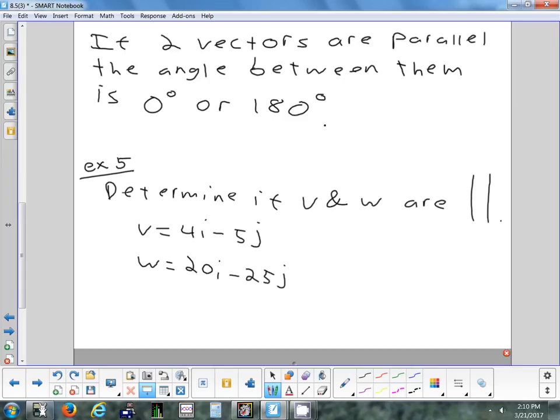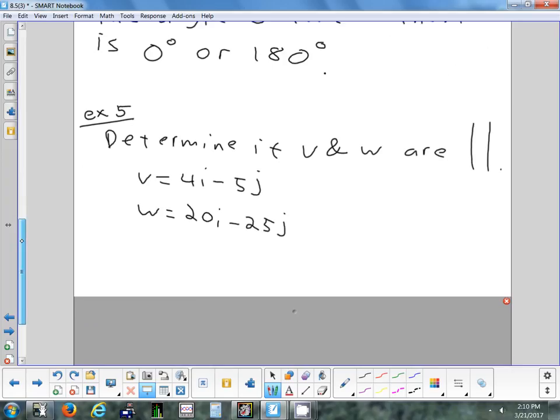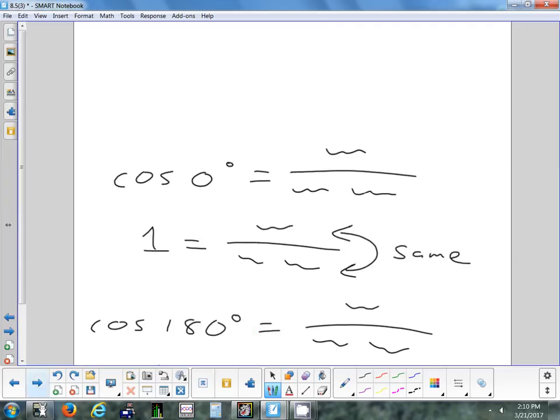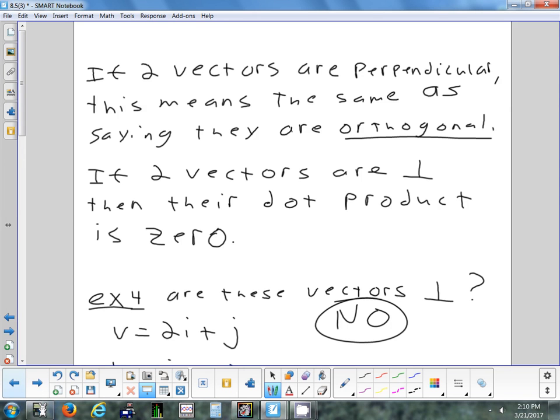Well, Curtis, what would be the first thing I have to find? I'm not sure exactly. Bria? Yeah, the dot product. When we went through this, you have to find everything. So you have to find the dot product, and then you have to find the magnitudes.